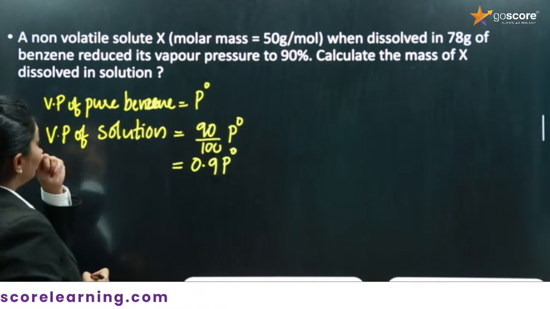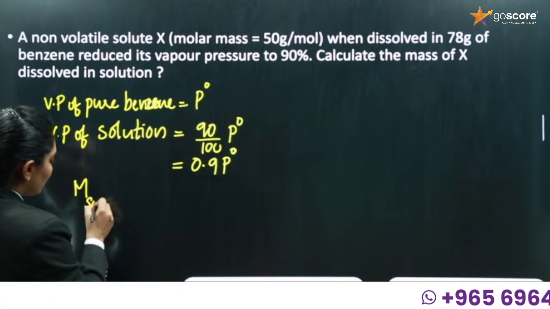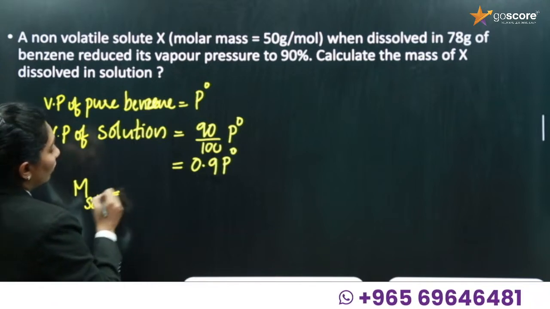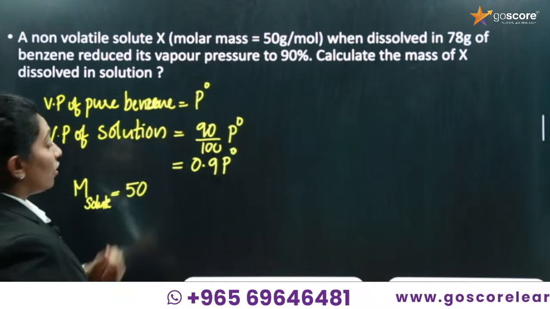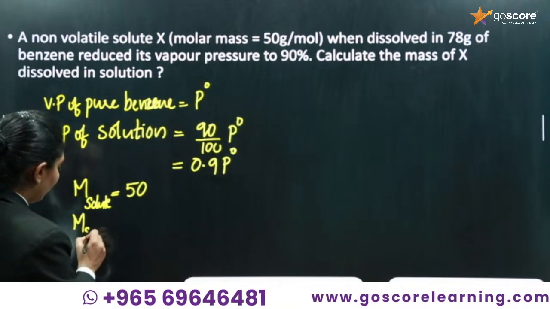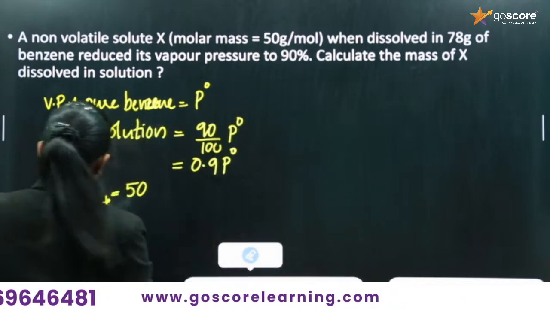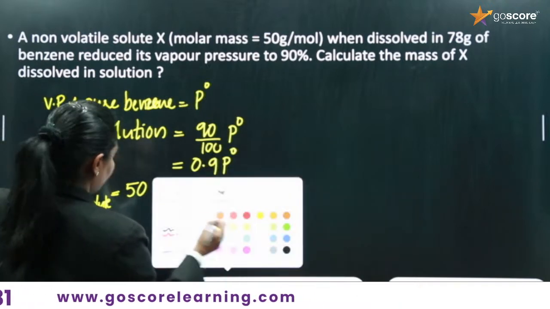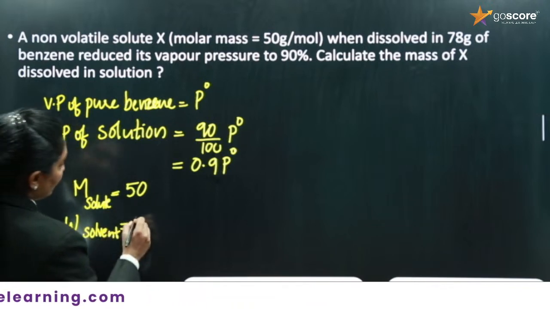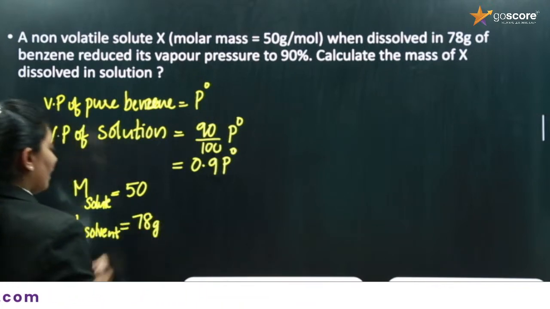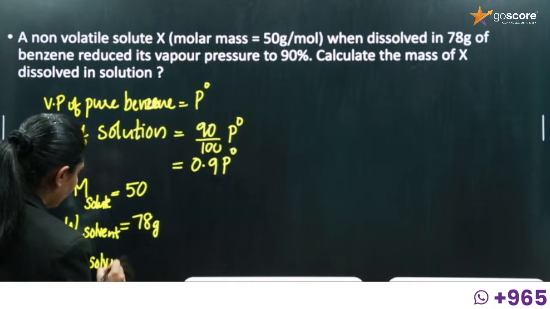Okay. And the molar mass of the solute is given, it is equal to 50 gram per mole, and the mass of solvent is given as 78 gram.